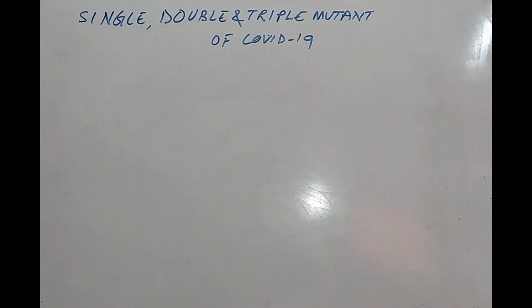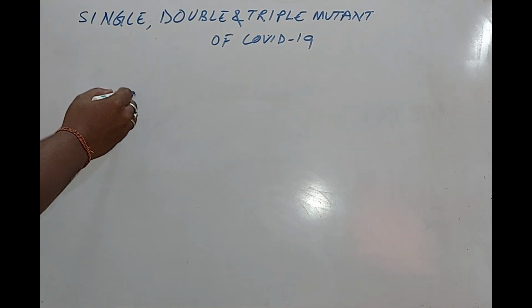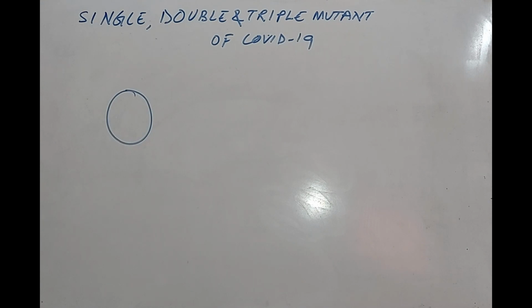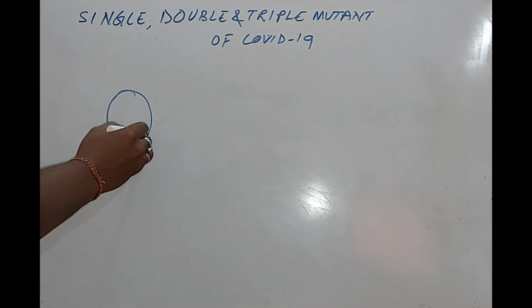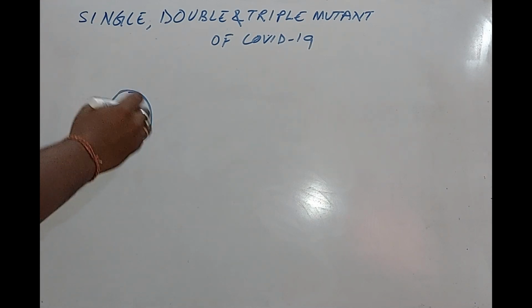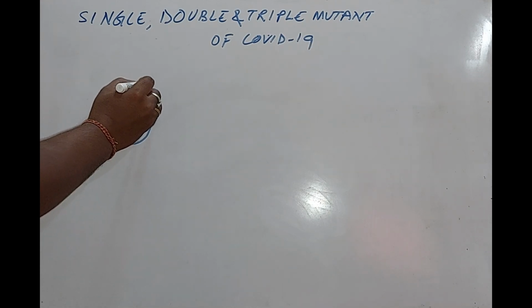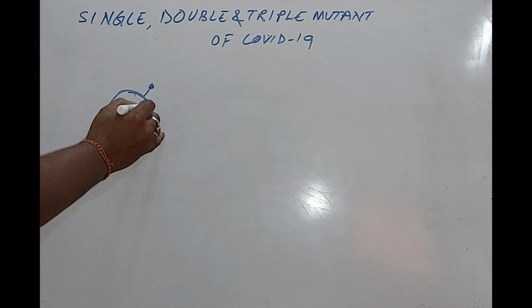Basically, I want to give you some information regarding the structure, the layman structure, of the coronavirus. Basically it is a kind of circular element, which is called the capsid, or you can say envelope, which is associated with some spike proteins.